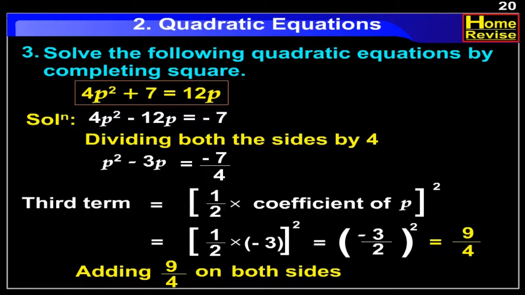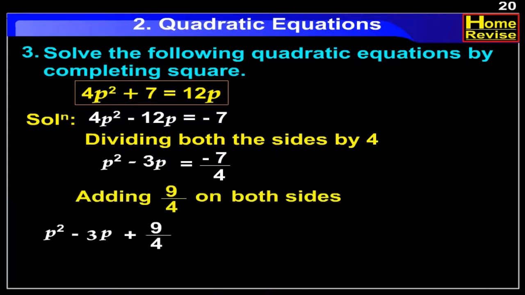Adding 9 upon 4 on both the sides, we get p square minus 3p plus 9 upon 4 is equal to minus 7 upon 4 plus 9 upon 4.